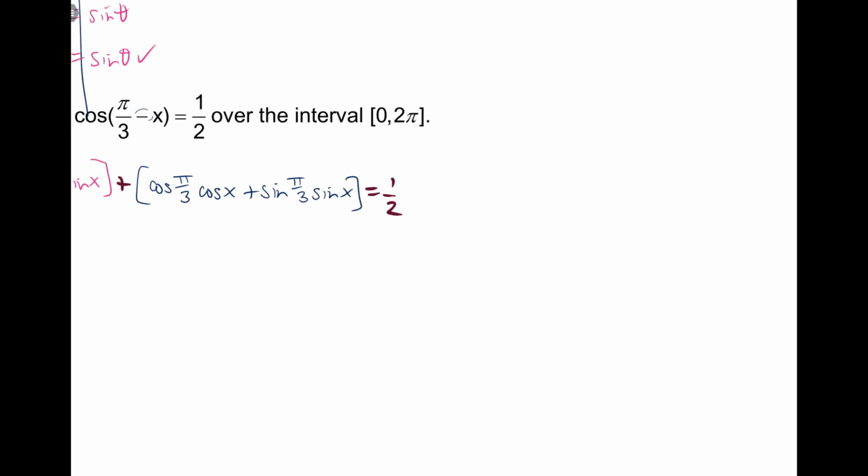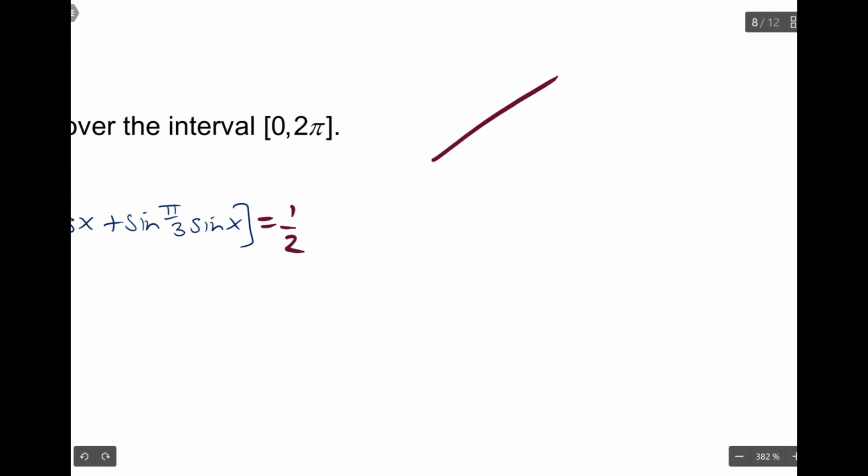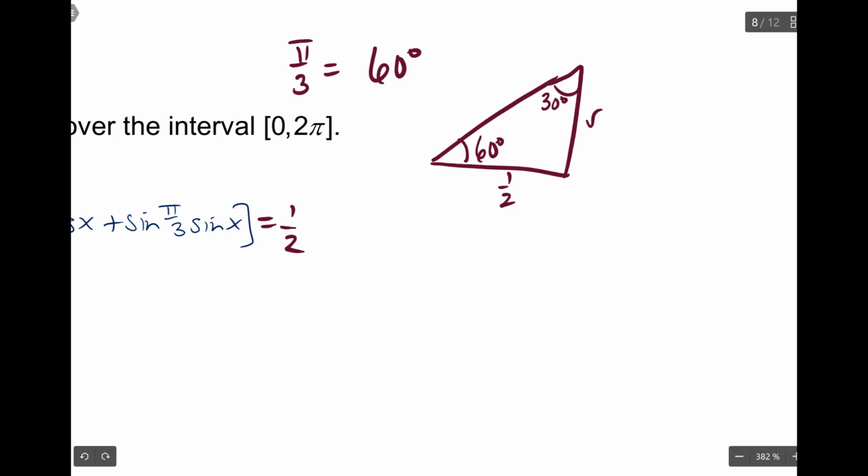Pi over 3 is equal to 60 degrees. Check it out, a 30, 60, 90 triangle. Cosine of pi over 3 is adjacent over hypotenuse.